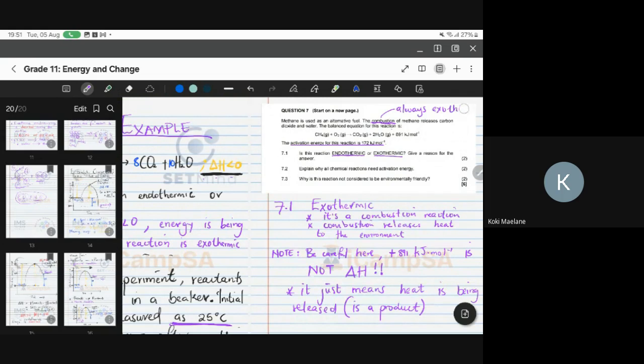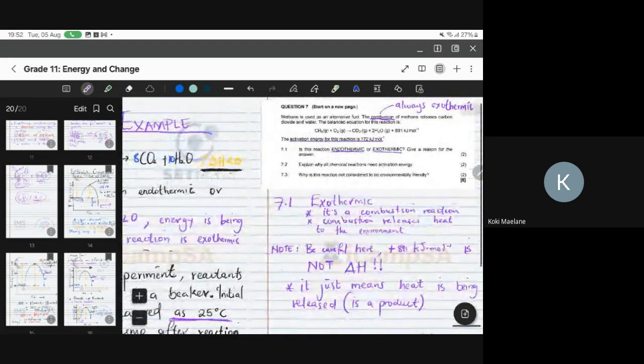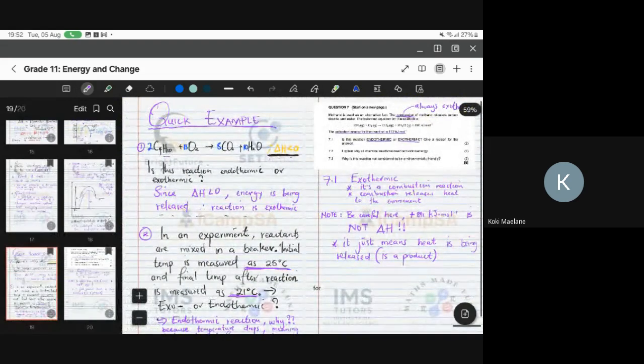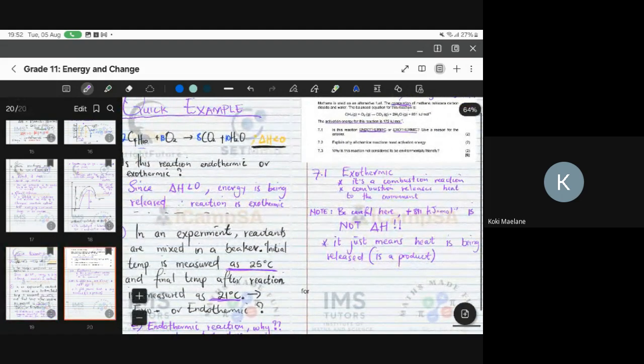Good. So now, I hope this point is clear. It's very, very important. Be careful here.